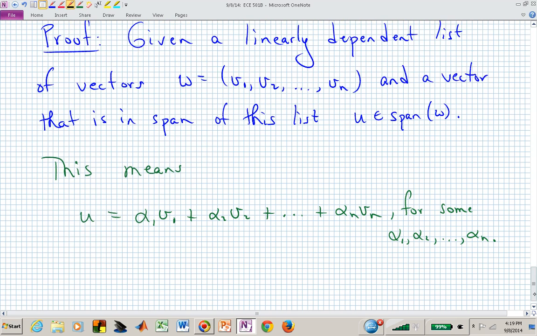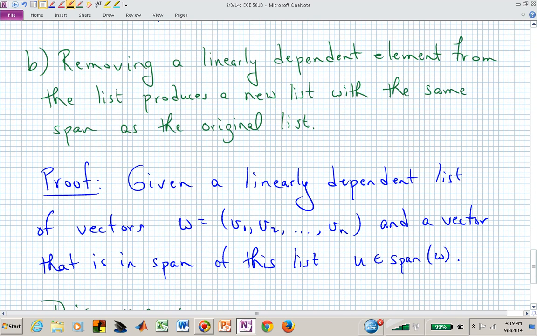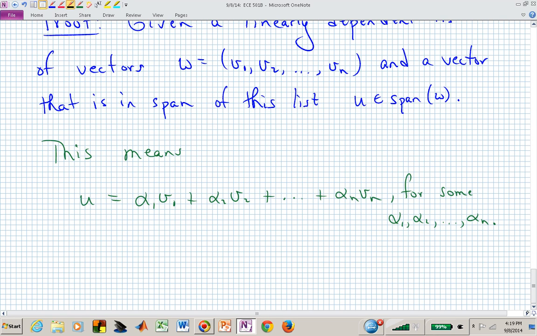But we said that that list was linearly dependent. So something in that list of n vectors, v1, v2, is linearly dependent. Suppose that we've labeled that such that v sub n is the linearly dependent vector.